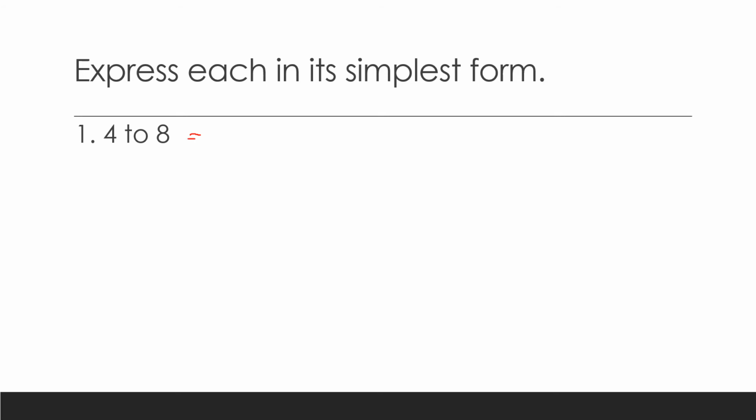So if we're going to express that in simplest form, that would be 1 is to 2. Why? Because if we divide 4 over 8 by 4, that is 4 divided by 4 is 1, and 8 divided by 4 is 2.